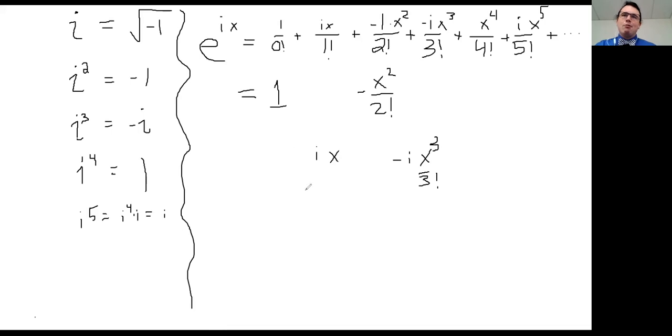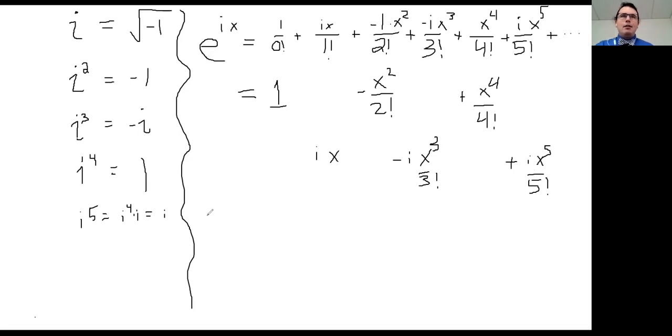I'll put it on the second row here. The next fraction only involves real numbers, so I'll put that on the first line, x to the power 4 over 4 factorial, and then here plus i times x to the 5th over 5 factorial. Okay.